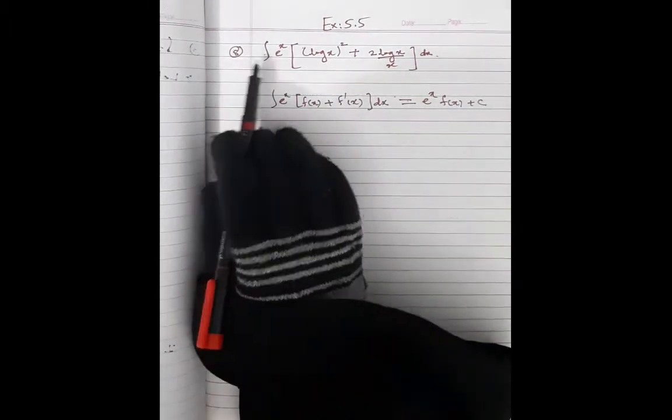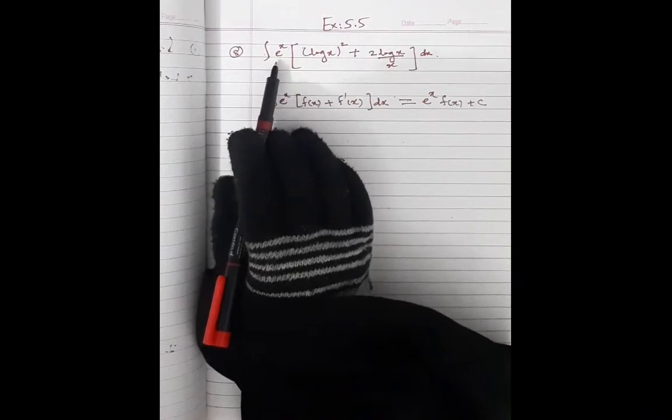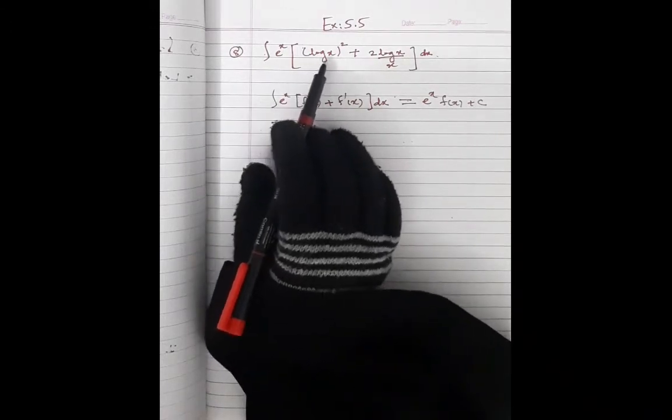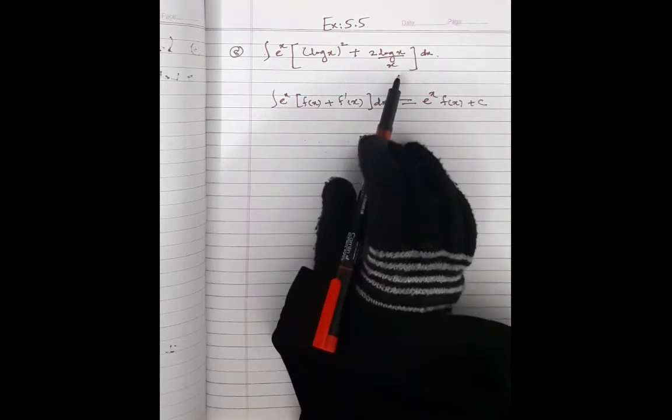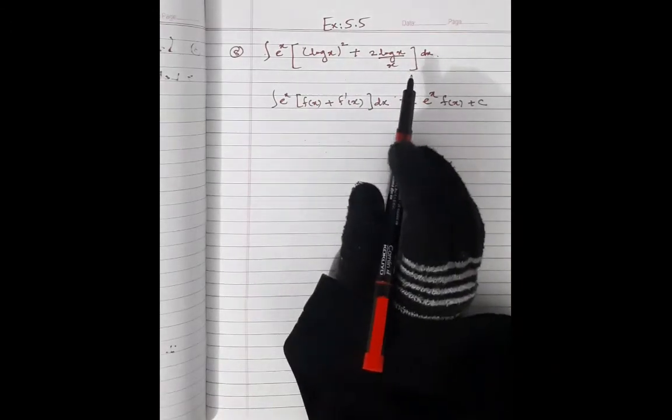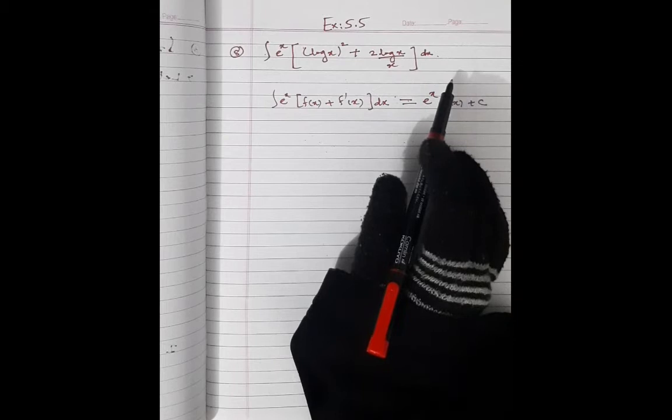Here, in question number 8, it is given: integration of e raised to x into (log x the whole square plus 2 log x upon x) into dx.